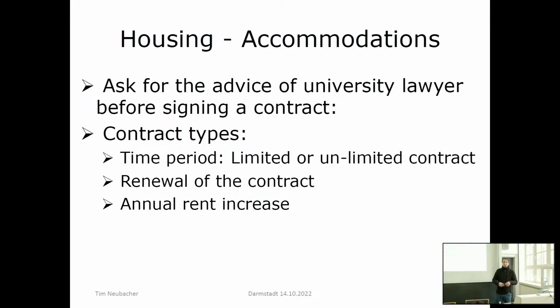There may be an automatic renewal or withdrawal of the contract written down. Some things are legal, some are not. There may be something like an annual rent increase in your contract, and a lot of details you have to look out for. Try to cross-read, and really, I mean that. Compared to some things like AGBs, in English, allgemeine Geschäftsbedingungen. Terms and conditions, thanks. I was missing a word.